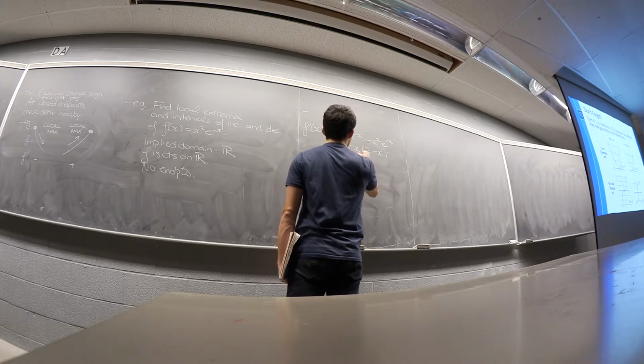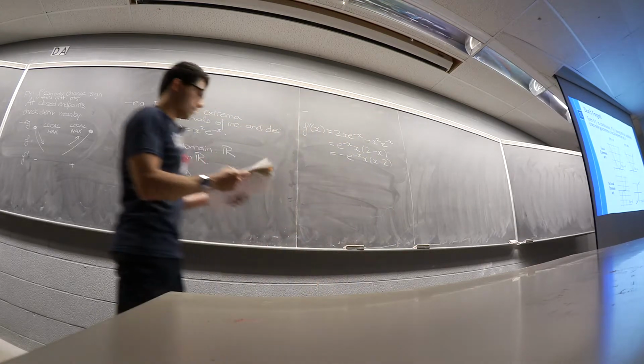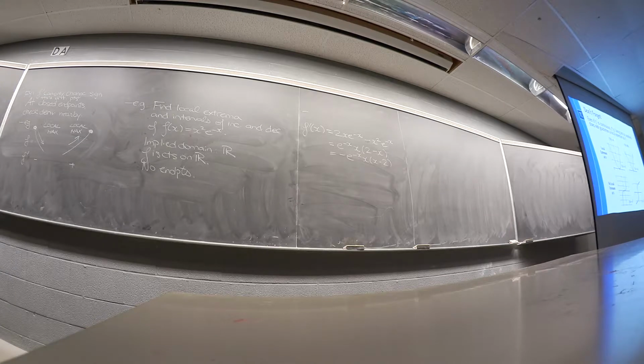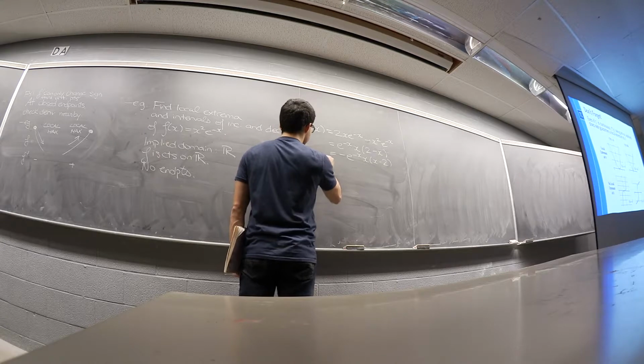And if you want, you can write it like this. There we go. Okay, so we did that because we need to look at critical points, so let's find the critical points.